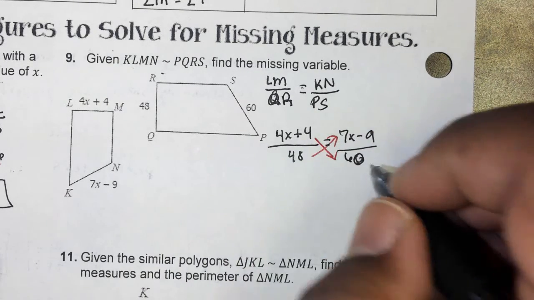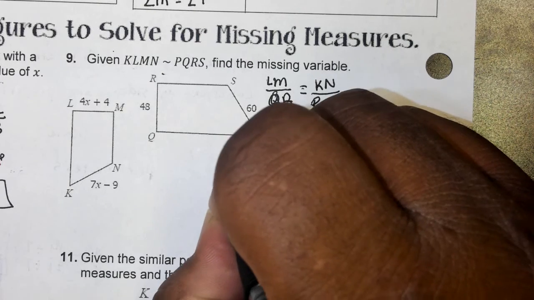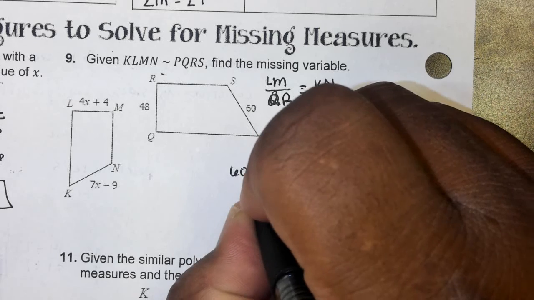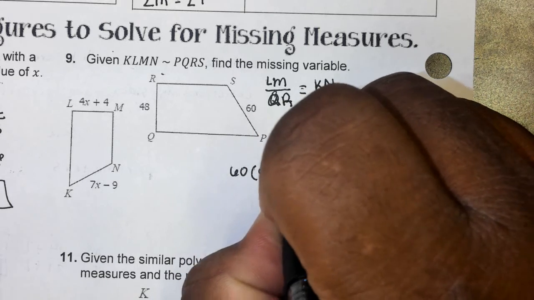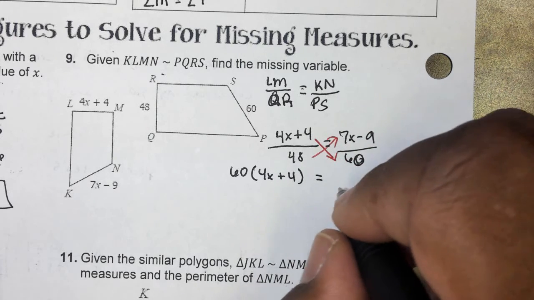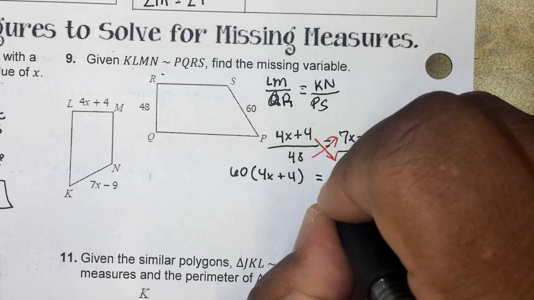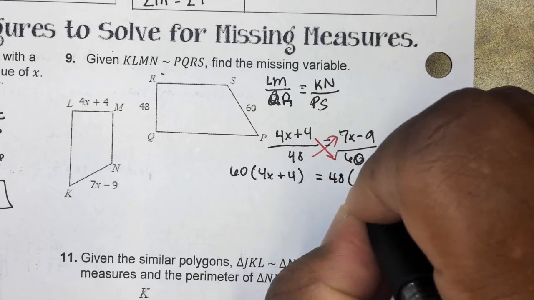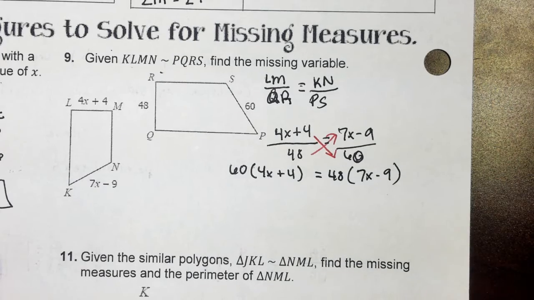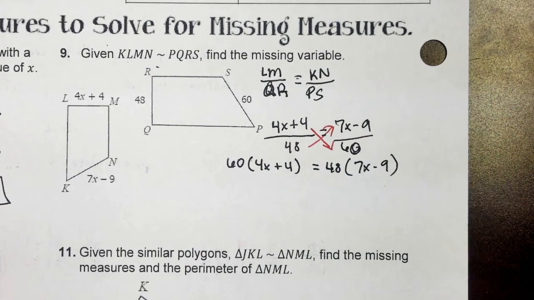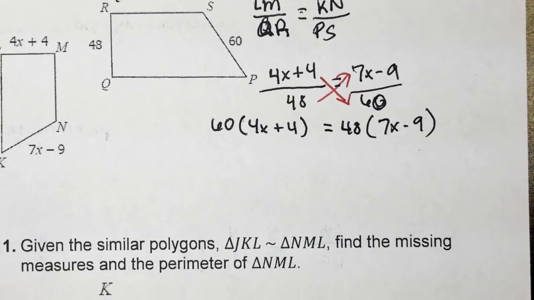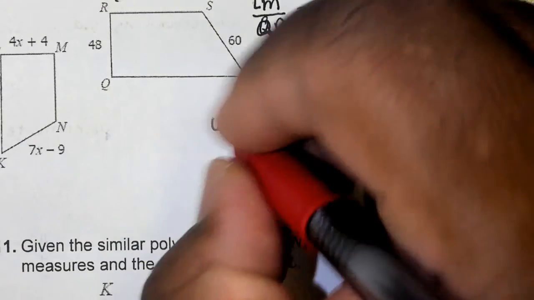So 60 in parentheses 4x plus 4 equals, then on the other side, 48 in parentheses 7x minus 9. I would write it this way so I can see it. And then from there, y'all should know what you have to do. Y'all need to distribute.